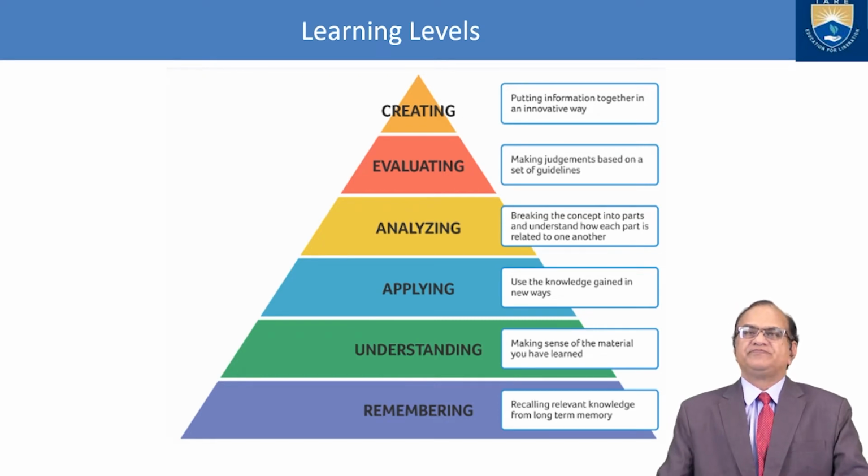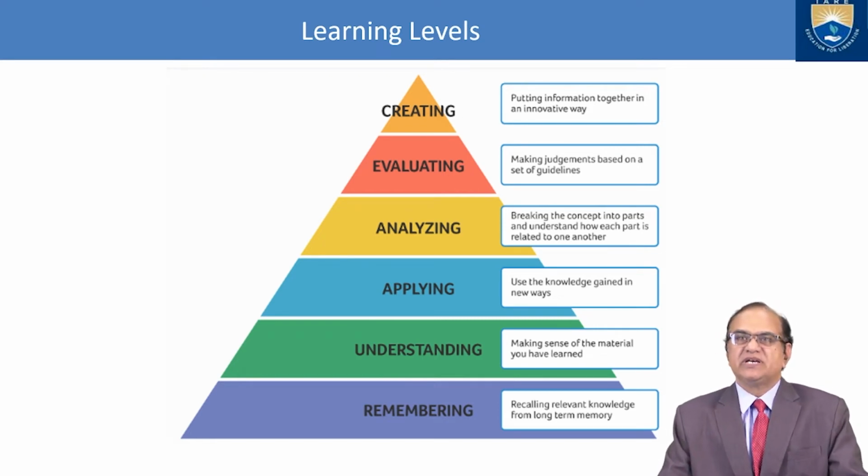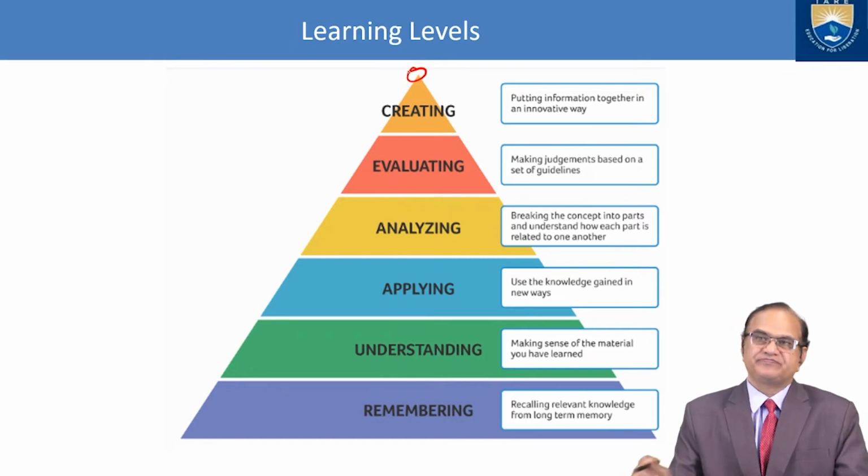If you see the learning outcomes, how the levels of outcomes are there and how this can be divided into the different cognitive levels. We can divide these learning levels into 6 groups. First is remembering, then understanding, then applying, then analyzing, then evaluating, and the last is creating. The aim of any education has to reach this peak.